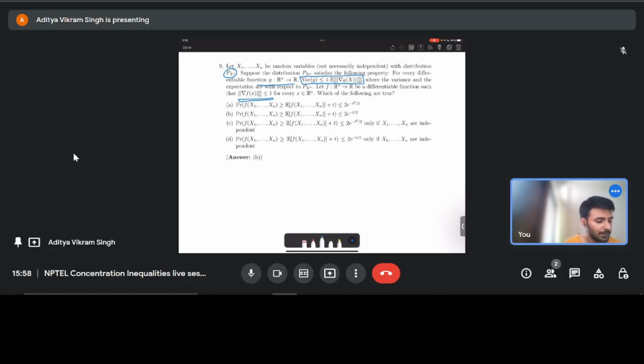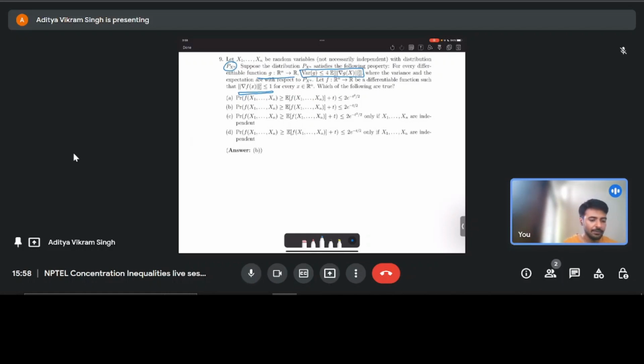The only thing we know as of now is to bound the moment generating function. To relate it to lectures, we want to bound the expected value of e power lambda (f of xn minus its expectation), where xn denotes X1 to Xn.